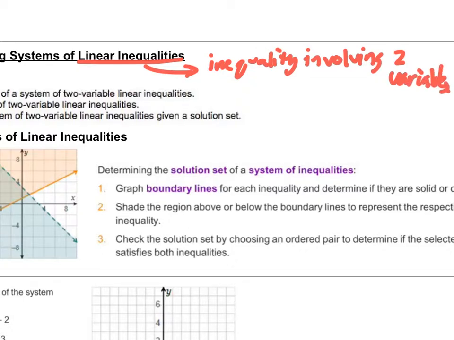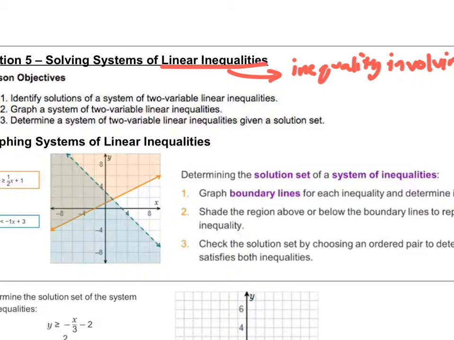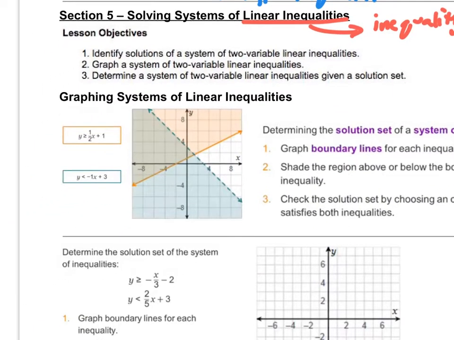And when you have systems of linear inequalities, that means you have multiple inequalities. So we're going to look at where you have more than one inequality and see where there are solutions that would satisfy both of them.